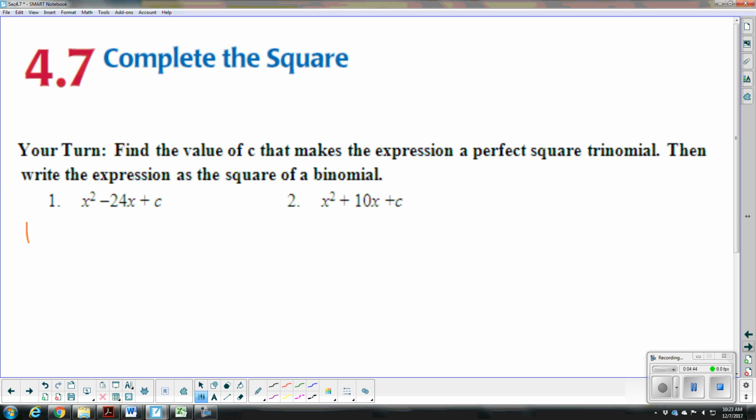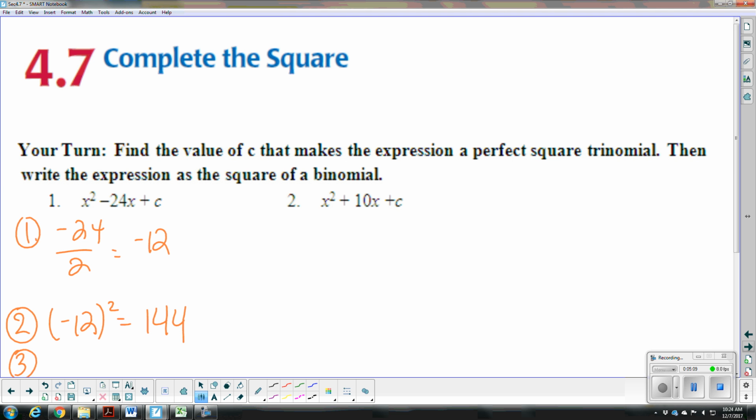So our first step is to find the coefficient for x and divide that by 2. So negative 24 divided by 2 equals negative 12. Our second step is to square that result. So negative 12 squared equals 144.